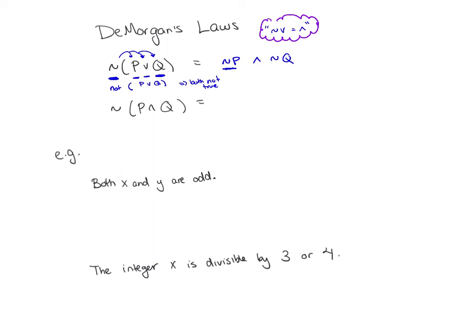All right, moving down. If I want to negate an and here, so it's not the case that P and Q are true. Well, if they're not both true together, then either one of them is false or the other one is false, right? Or again, or both are false. But this or in math always includes that or both case for us.